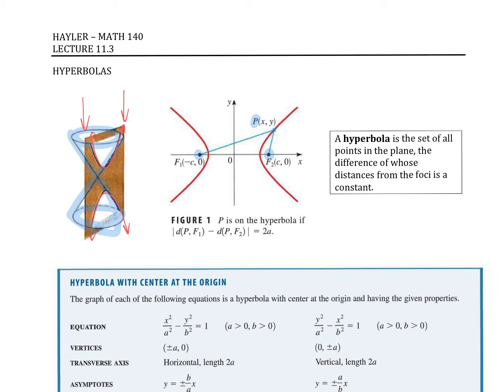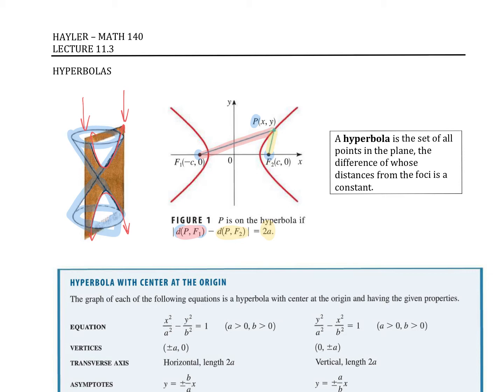Well, P is on the hyperbola if the absolute value of the distance from P to F1 minus the distance from P to F2 equals 2a. So a hyperbola is the set of all points in the plane where the difference of the distances from the foci is a constant.